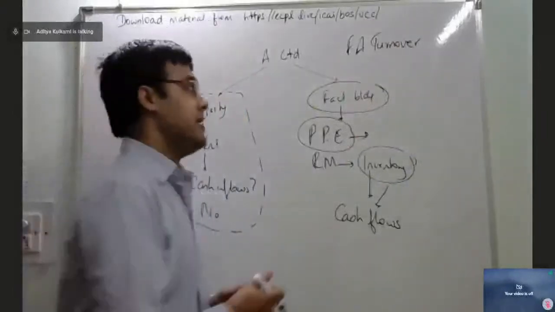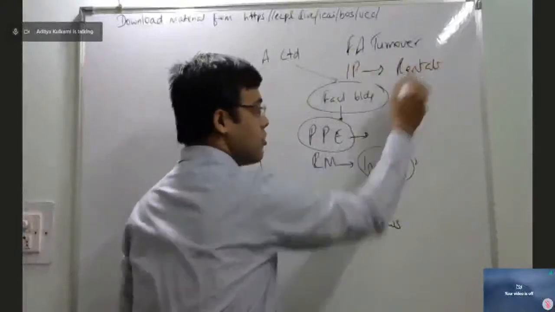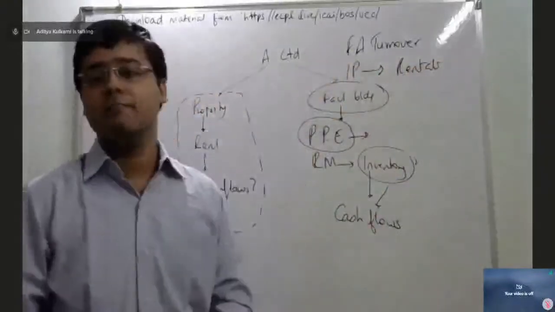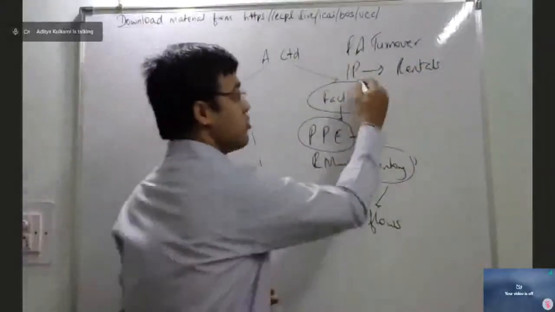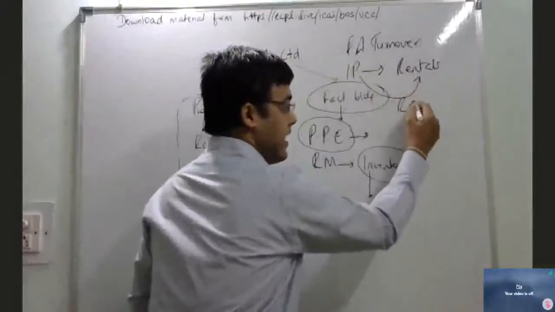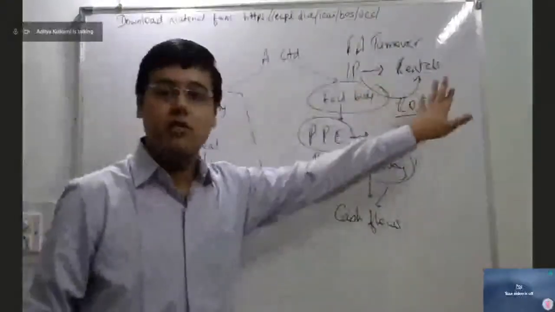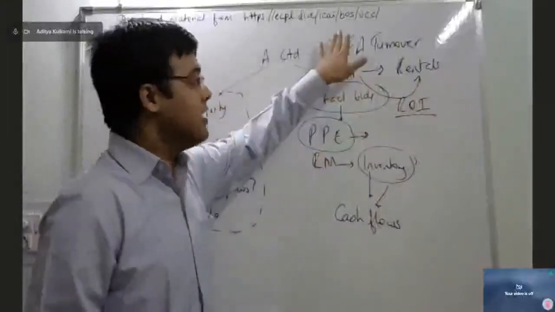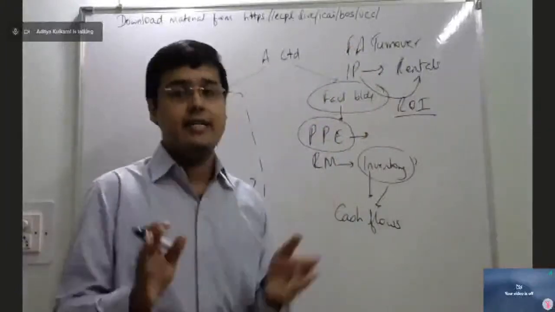As compared to that, investment property generates rentals. So when I segregate the investment property from my property, plant and equipment, which I am holding for investment purposes, my return on investment I will come to know clearly as a user of the financial statement. So therefore, this standard had to be introduced and segregated separately.